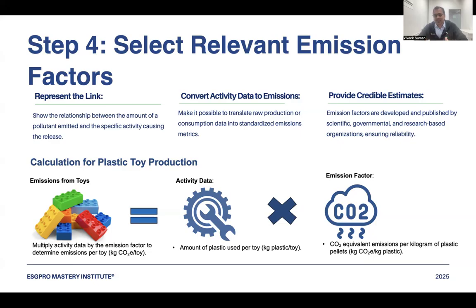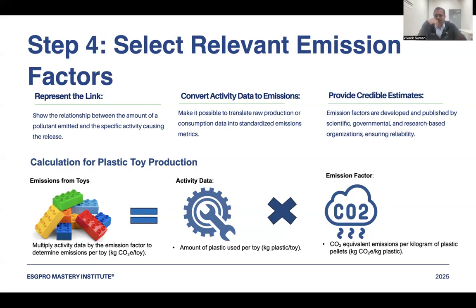Now, of course, you can say there must be some kind of blower, some kind of mixture, chemical reaction, all those activities I'm not considering. I'm only considering the activity relating to the raw material, which will definitely be in tons or kgs of plastic required for each toy which you are making.